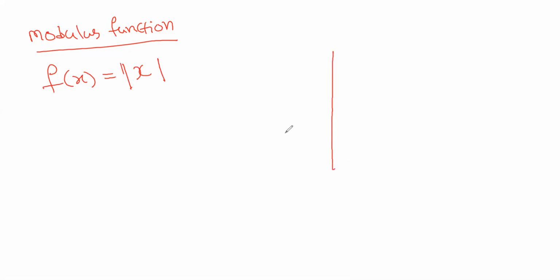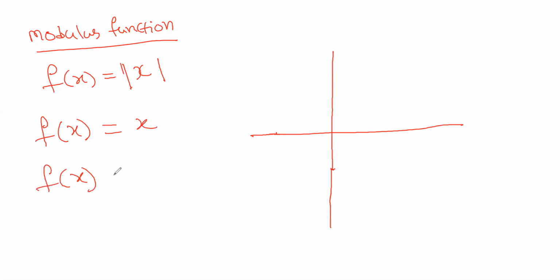How will the graph be for the modulus function? It's always positive, right? f of x is x, and f of minus x is also x. That is the meaning of this. So divide this into two parts.